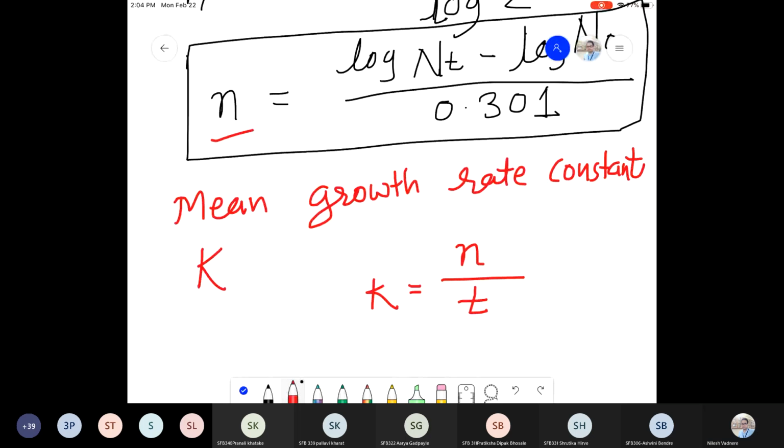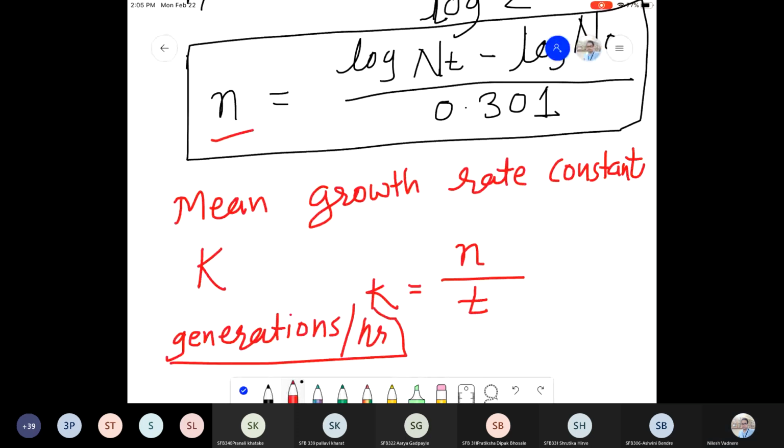So this mean growth rate constant is the number of generations per unit time, and it is always expressed as generations per hour. Generations per hour. So k is equal to n upon t.